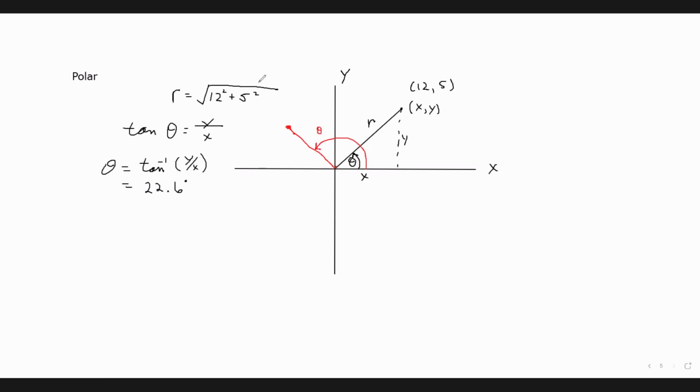And let's say this point represents, x is negative, so let's just call it negative 12, positive 5. So let's take the arctangent of that. The arctangent of minus 12 divided by 5. And I get minus 67.4 degrees. So my red angle theta is minus 67.4.